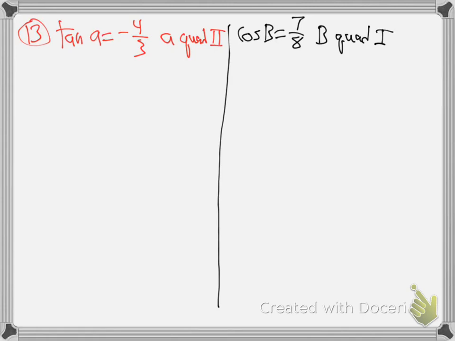Okay, so I'll draw the triangle. We're in quadrant 2. We always go to the x-axis, right? Angle A is always at the origin. You know the Sohcahtoa thing.